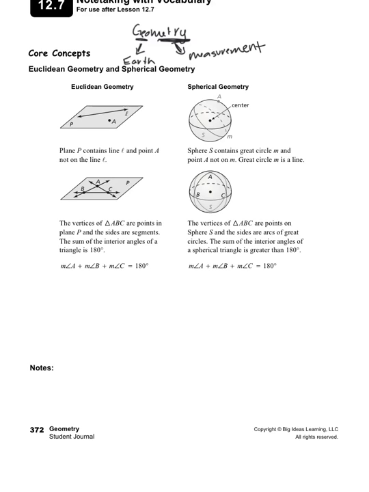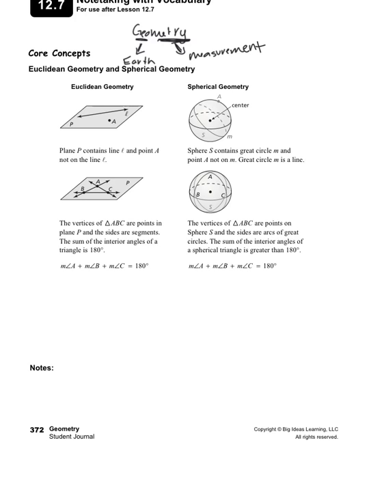If you were to compare these two examples, the first one says plane P contains line L and point A not on line L. Now, if we were looking at similar points in spherical geometry, you would say that sphere S would contain the great circle M and point A not on M. So the great circle M would be a line.